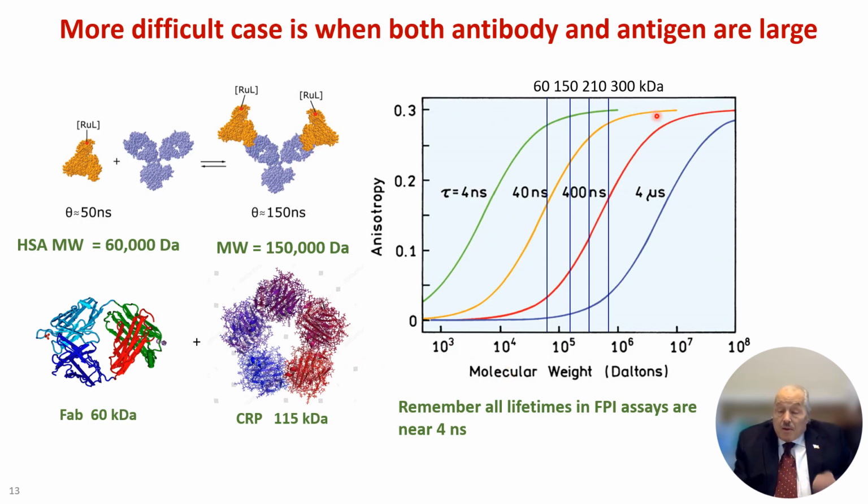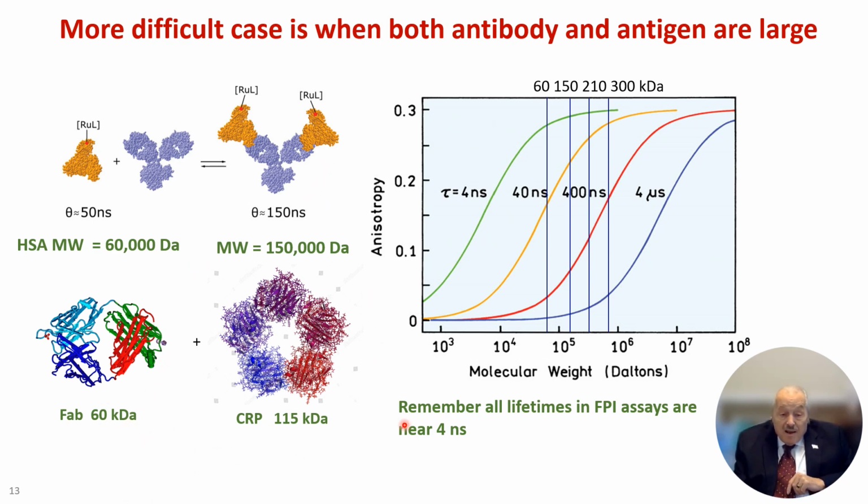The more difficult assays are when both the antibody and the antigen are large, and so, like the HSA here is not that much smaller than the immunoglobulin, so the changes you get in the rotational rate are not that great.